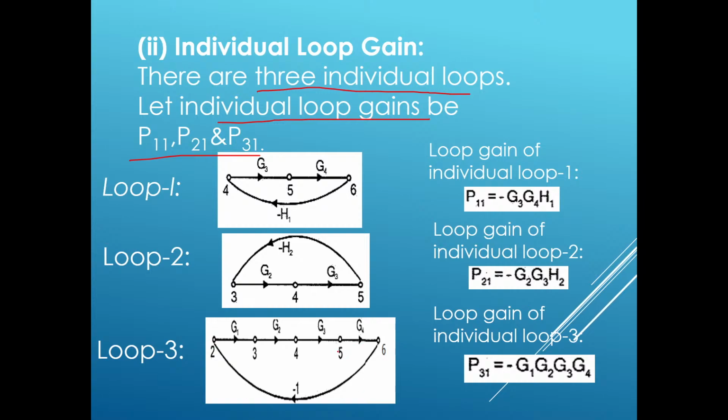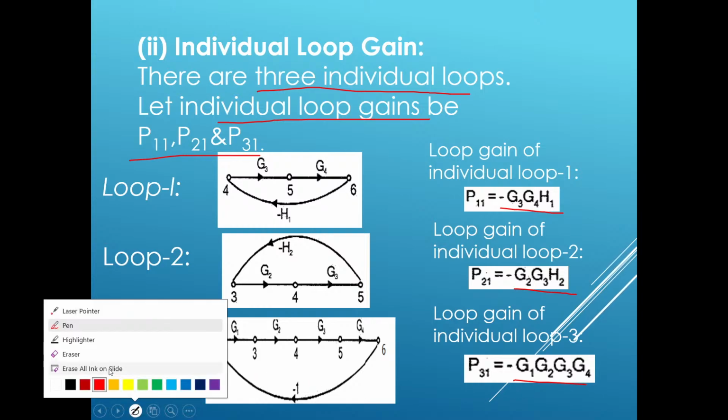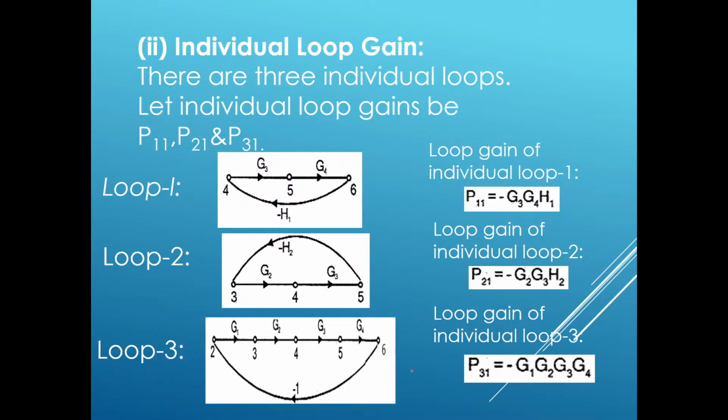Total 3 loops are there. So what are their loop gain values? P11 is equal to minus G3, G4, H1, P21 is minus G2, G3, H2, and P31 is minus G1, G2, G3, G4. These are the 3 loops and their gain values.